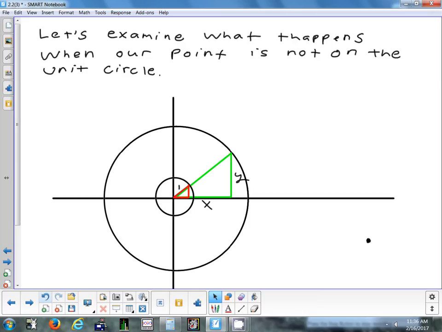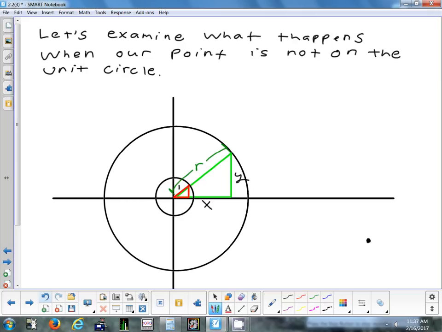All right, so now this length in green, is this hypotenuse of the green triangle 1 unit long? What do you think? Jamal? No. The hypotenuse in red is 1 unit long. The one in green is much bigger. So it's a bigger version of that red triangle. Let's call it R. It's the radius from here to the origin.